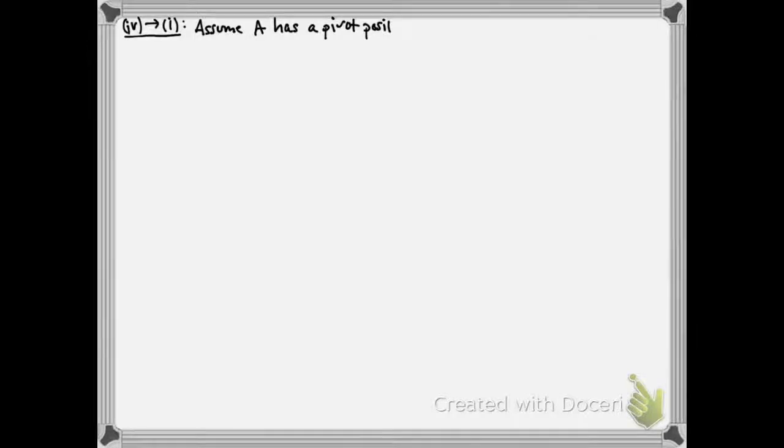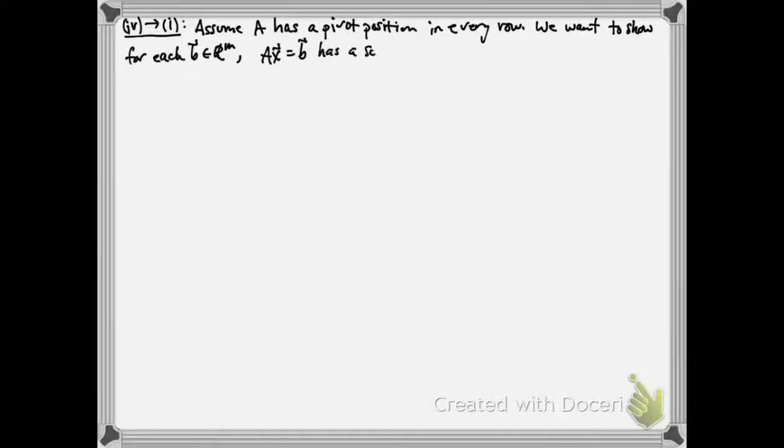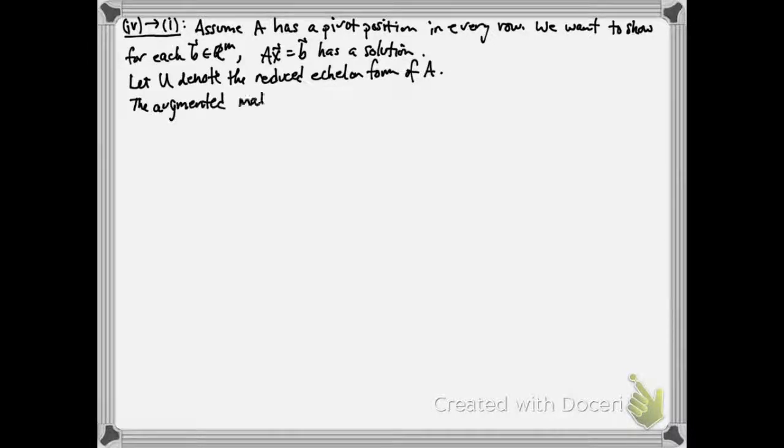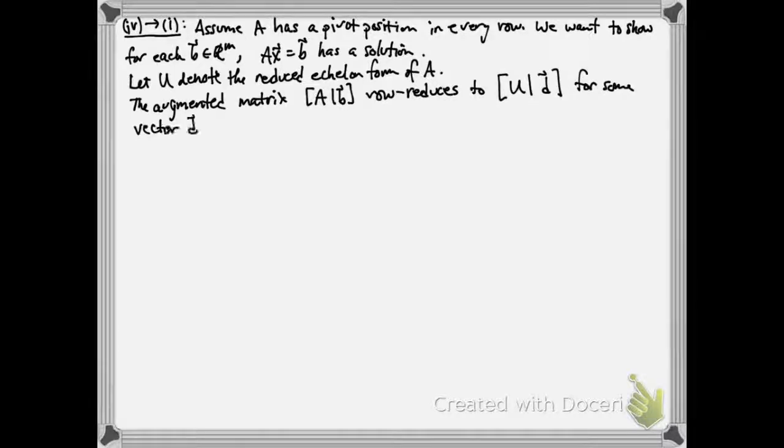And finally, we need to show 4 implies 1. So we start off by assuming that A has a pivot position in every row, and we want to show that for every B in Rm, Ax equals B has a solution. So this is very similar to what we just did. We're going to let U denote the reduced echelon form of A. The augmented matrix AB row reduces to UD for some vector D in Rm.